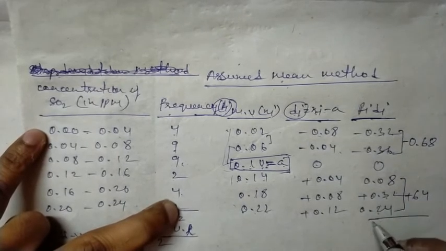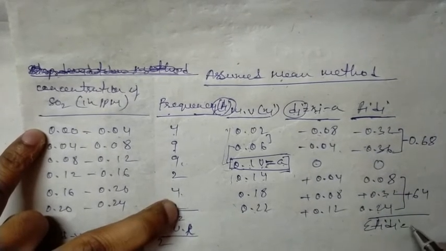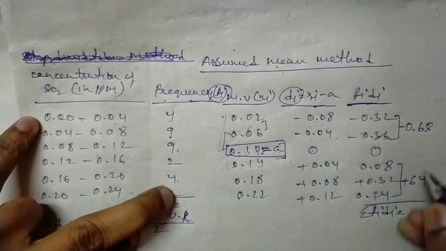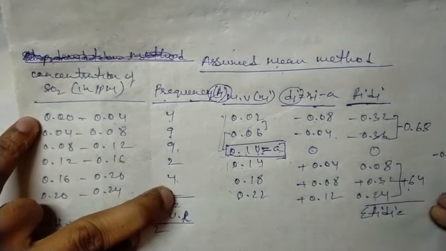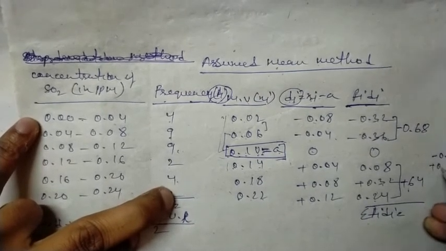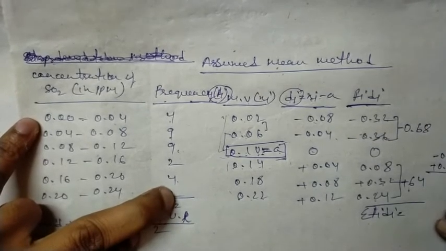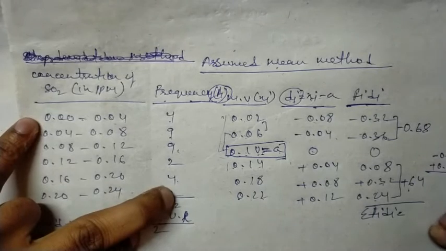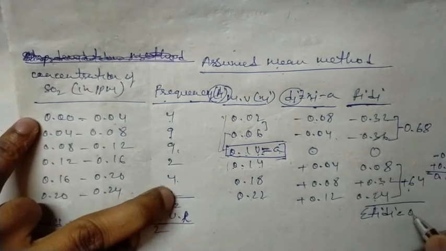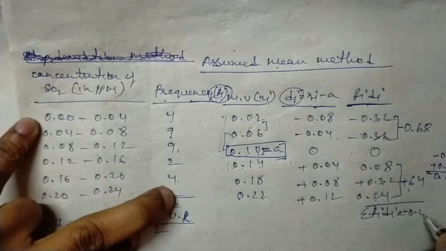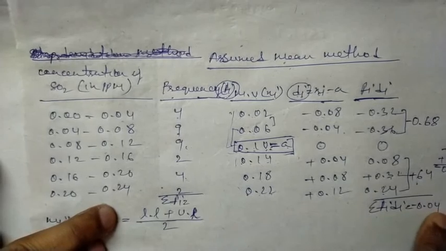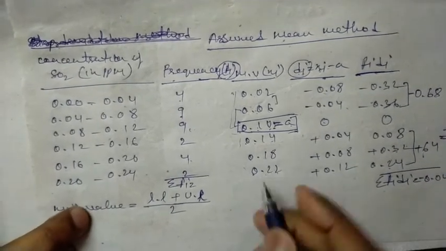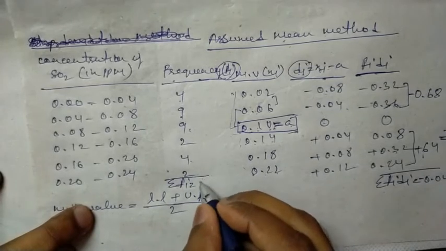Then sigma fi di: if I subtract, minus 0.68 plus 0.64, it will be 8 minus 4, which is 4, 6 minus 6 is 0, with minus, so sigma fi di is minus 0.04. And the total here is 30.